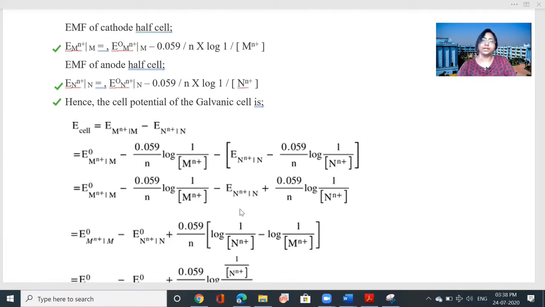Hence, what will be the cell potential of the galvanic cell? As I told you, we have to take the electrode potential of the cathode minus the electrode potential of the anode.